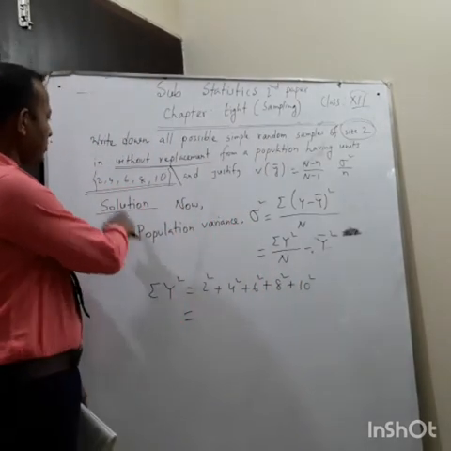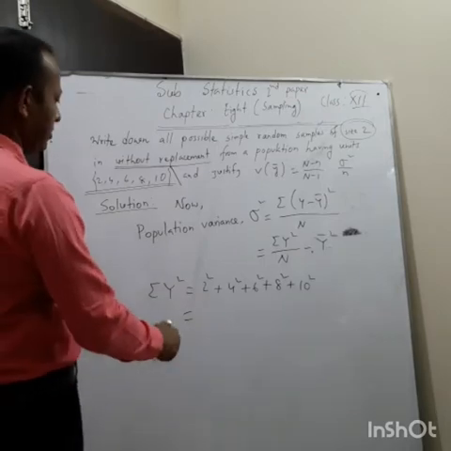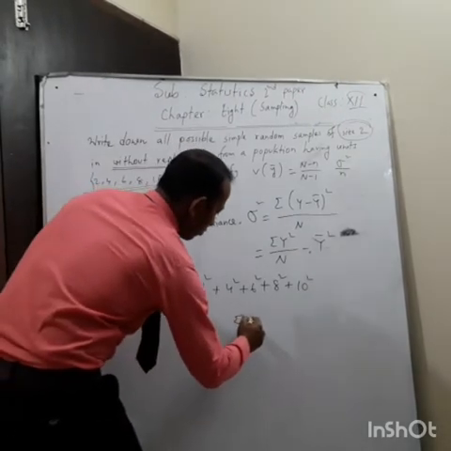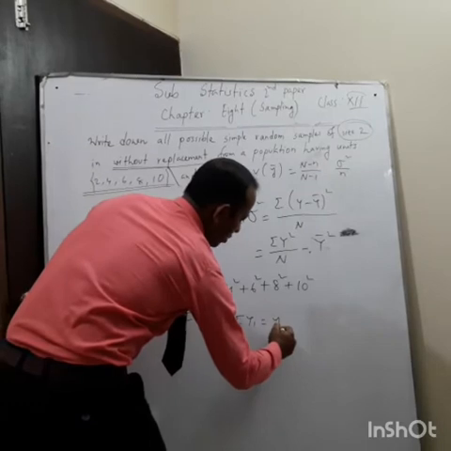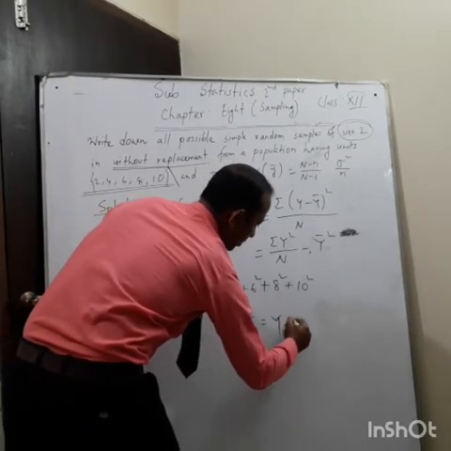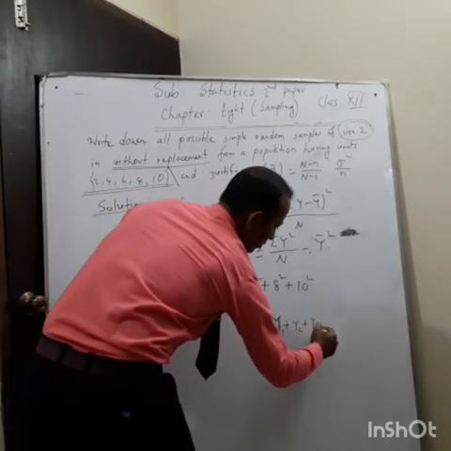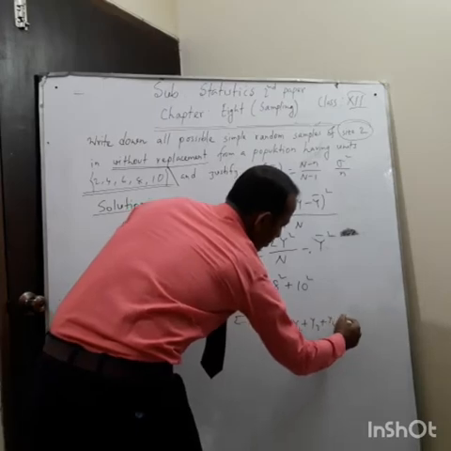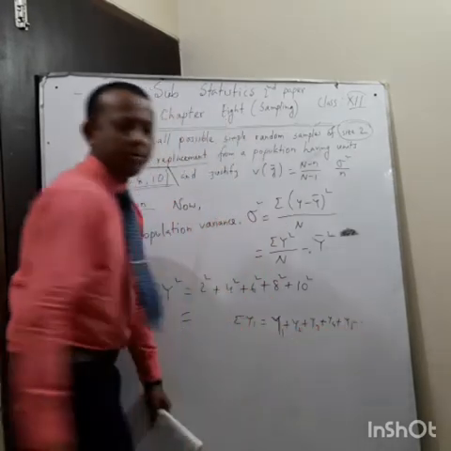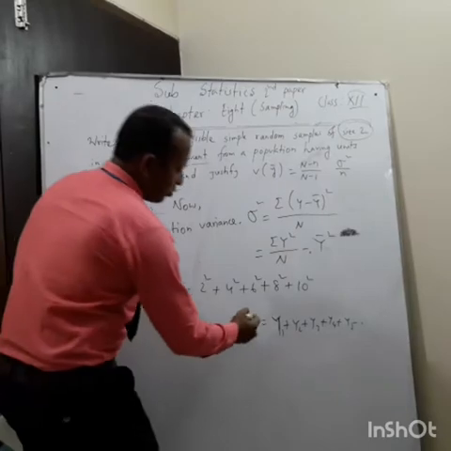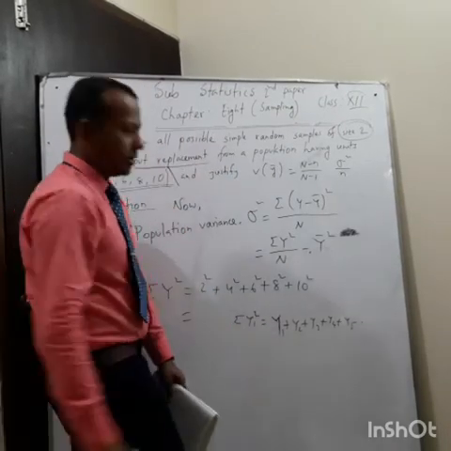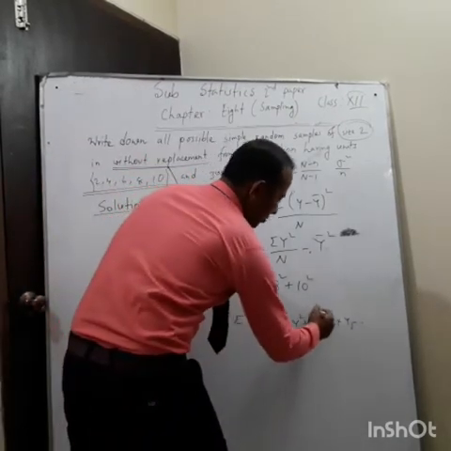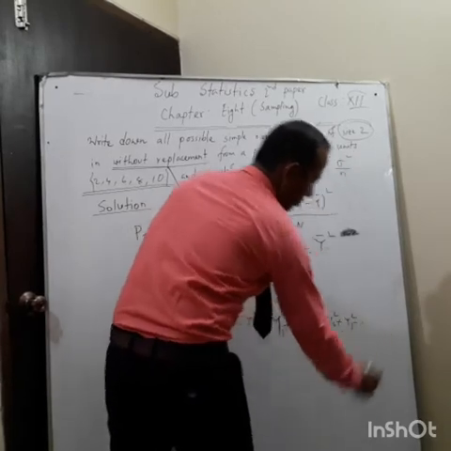Here summation y means, I repeat, summation yi, that is y1 plus y2 plus y3 plus y4 plus y5. Similarly, summation y square is y1 square, y2 square, y3 square, y4 square, y5 square.